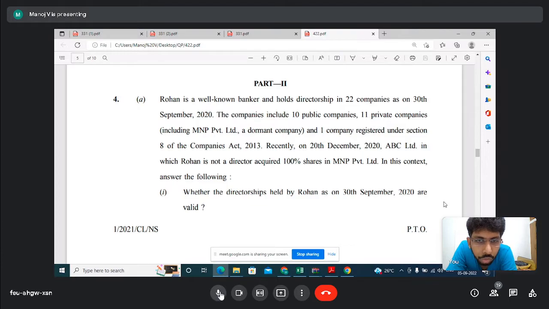Dormant company, Section 8, wholly owned subsidiary, from calculation. Yes. But since now he's again director of a public company, it's included, I guess. Not sure. But no, somebody said exempt for WOS, right? Yes, sir.